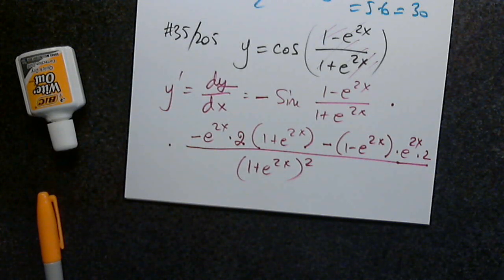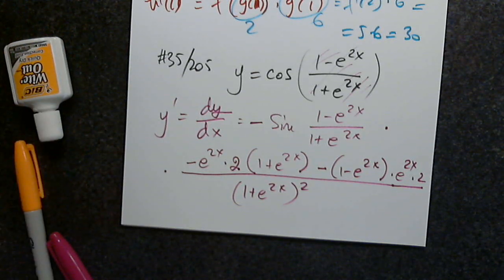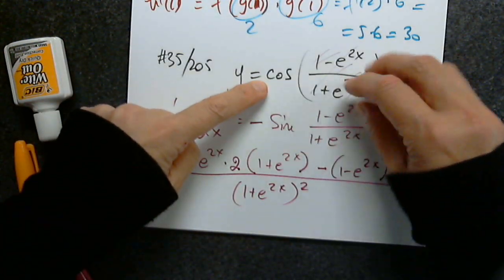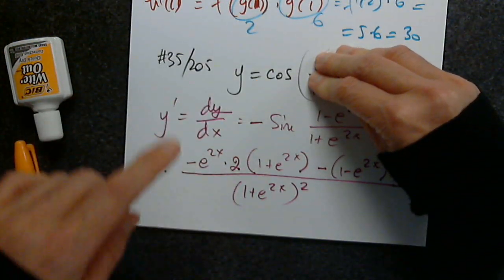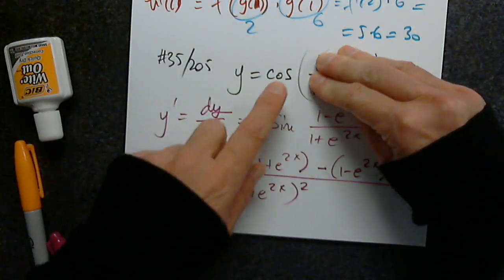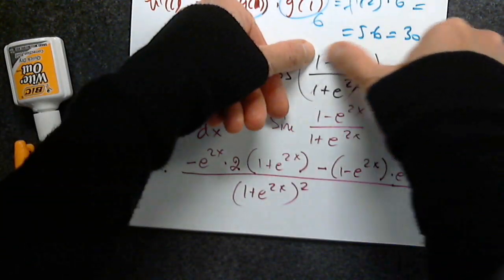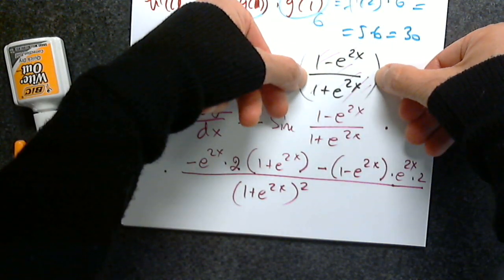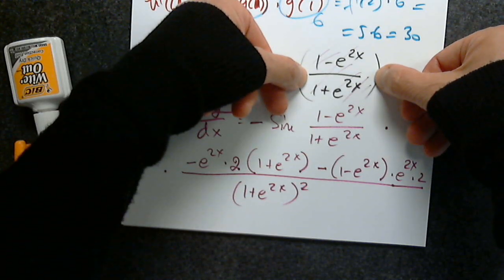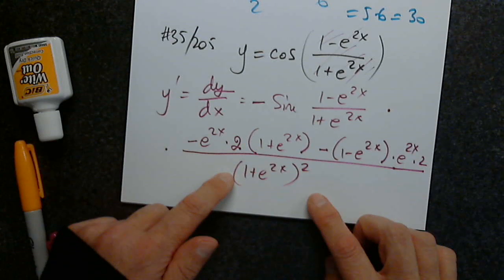So let's do this one more time because I was kind of fast. Okay, so this is the outer function, this is the inner function. First I have to differentiate cosine and the argument stays. So cosine prime is negative sine of the same argument times, now this is the inner function, I have to differentiate it, but I have to use the quotient rule because it's a quotient. So the denominator has to be squared.